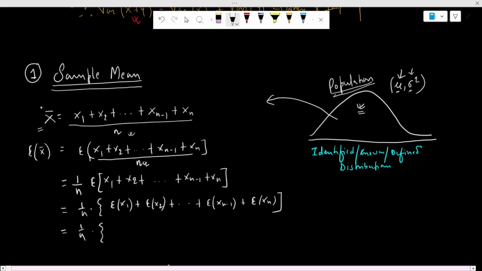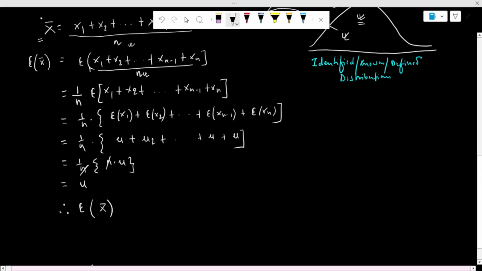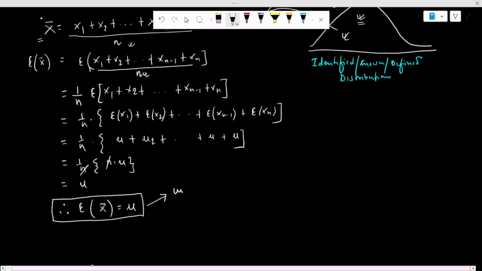As we have drawn the sample from this population, the expectation of which is equal to mu, we can write all the expectations as mu. Our sample size is n, so this is equal to n into mu, and n and n cancel out, so this is equal to mu. Therefore the expectation of the sample mean is equal to the population mean. In this case, we call it an unbiased estimate. In other words, the sample mean is a good representative of the population mean.